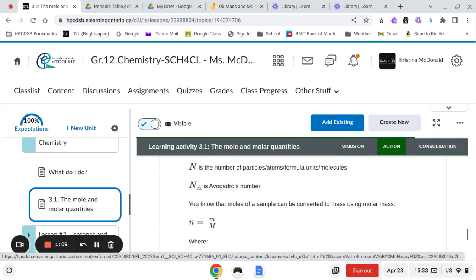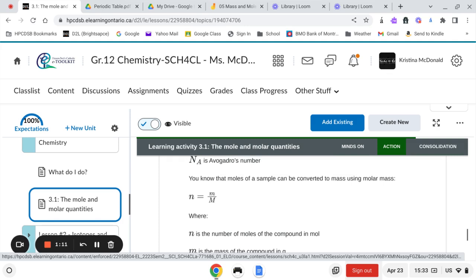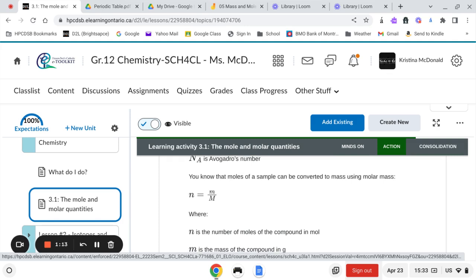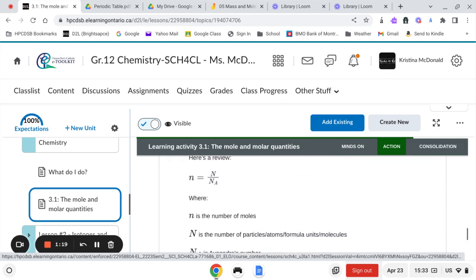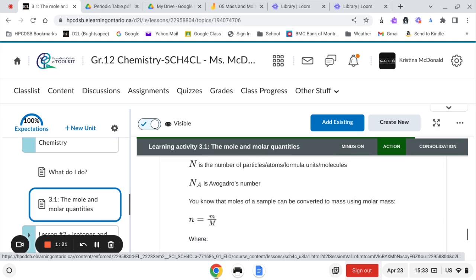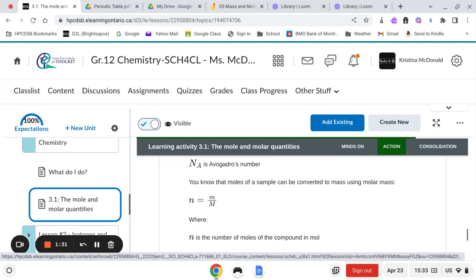But we also have another mole formula that deals with masses. So our actual mass divided by our molar mass. And because the common variable between these two formulas is little n, which is moles, then we can use both of these formulas and solve any kind of question that involves masses and numbers of particles.